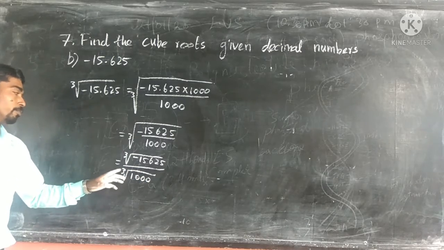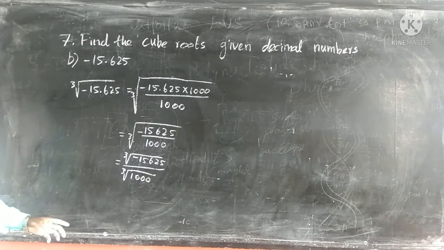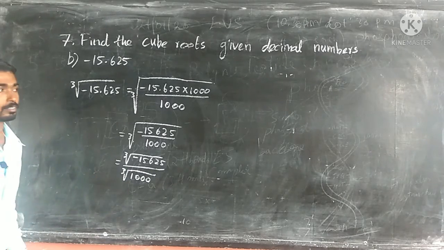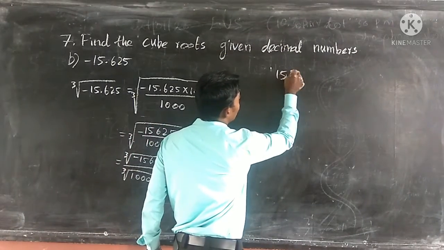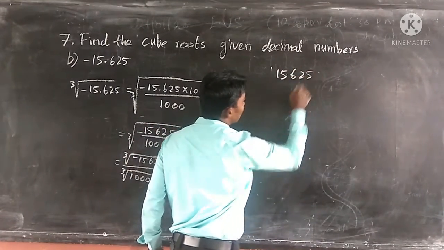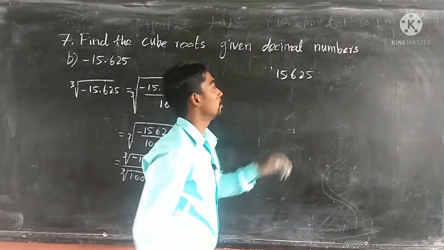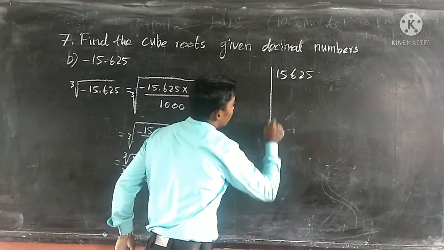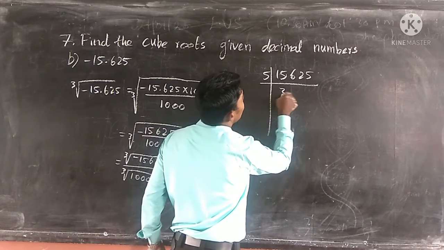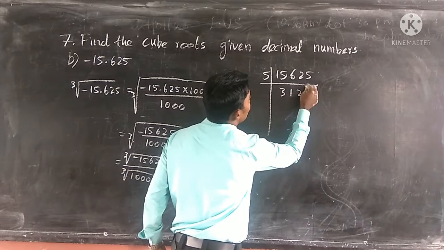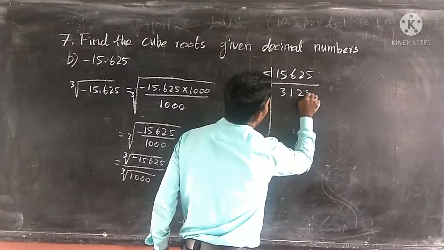To find the cube root, we find the factorization of these two numbers first. 15,625 can be divided by 5. We will get 3125.